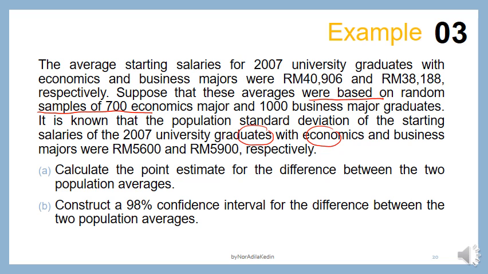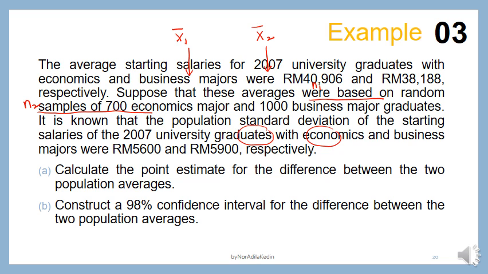So apa yang you perlu identify di sini adalah this one is your sample mean. This one is your sample mean. And pada masa yang sama, dia bagi sample size. Okay. Untuk economy, 700. Untuk business, 1,000.